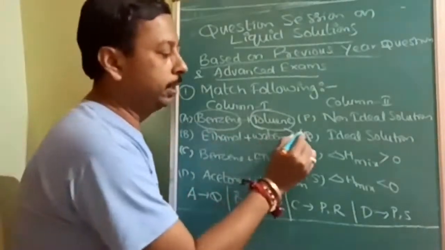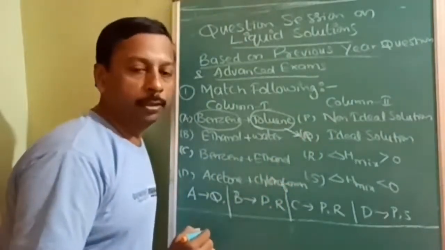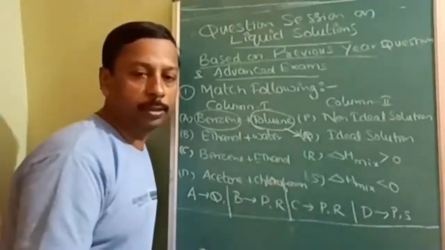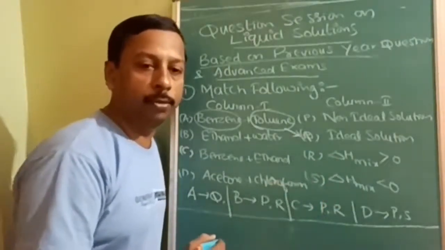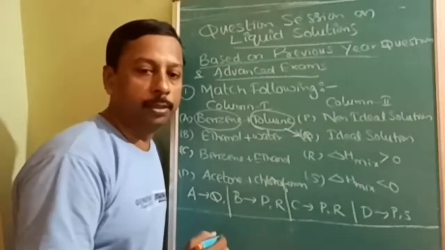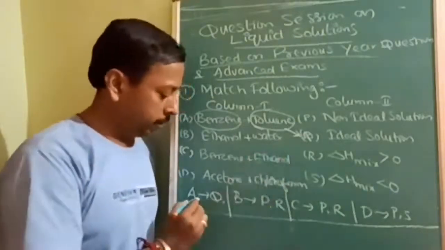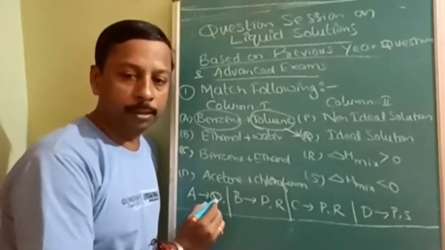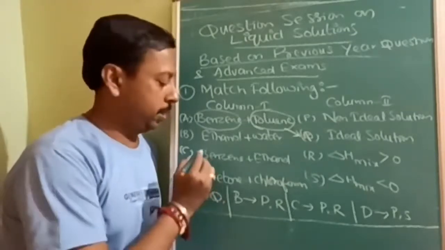So it is an ideal solution. Once it is an ideal solution, delta H mix is going to be 0. Therefore, only single option A is equal to Q.